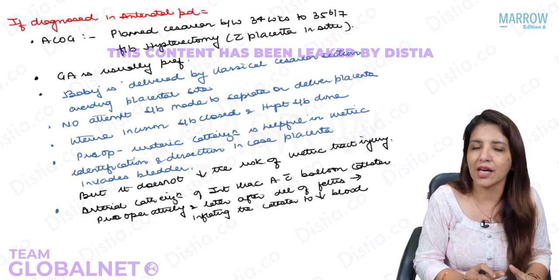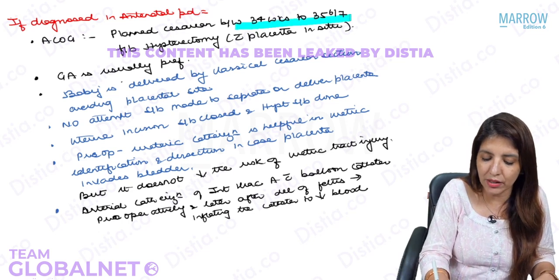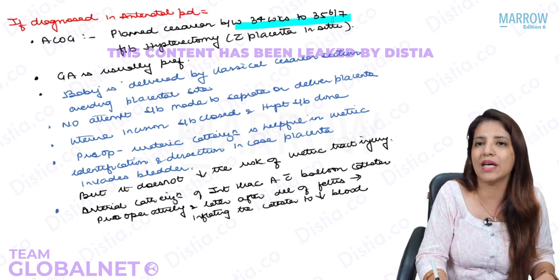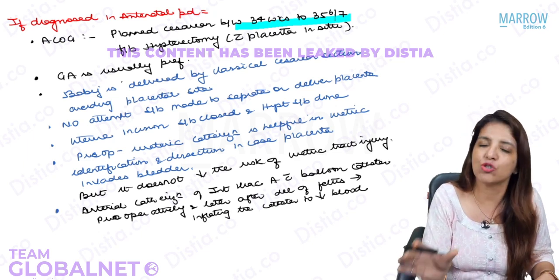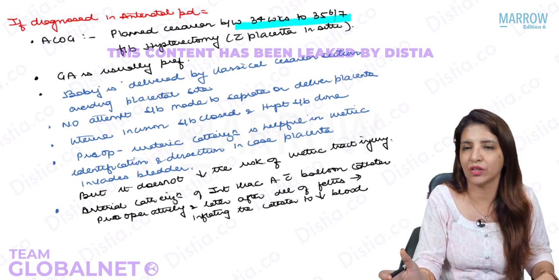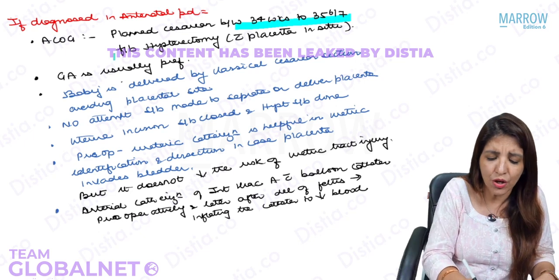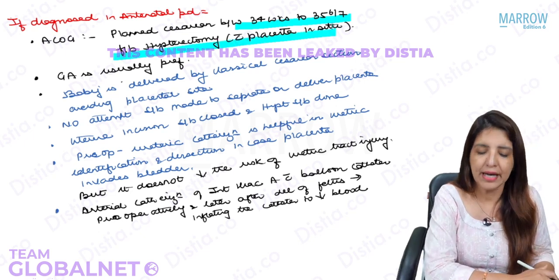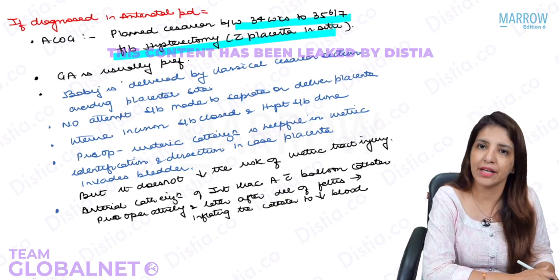So in this case, I am going to plan a cesarean section between 34 weeks to 35 weeks, 6 by 7 days. That means up till the end of 35 weeks. So from the start of 34 weeks until the end of 35 weeks, I am going to plan a cesarean section, which should be followed by hysterectomy. And this hysterectomy you are going to do with the placenta in situ.